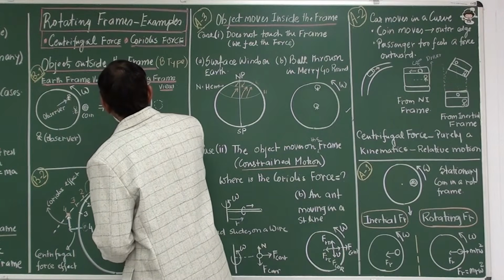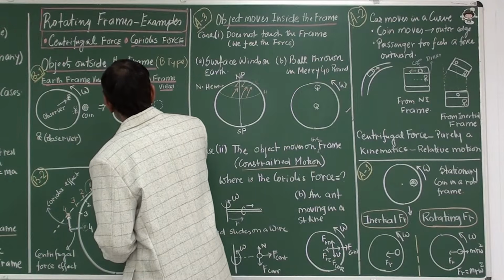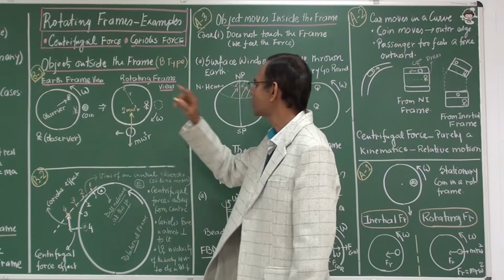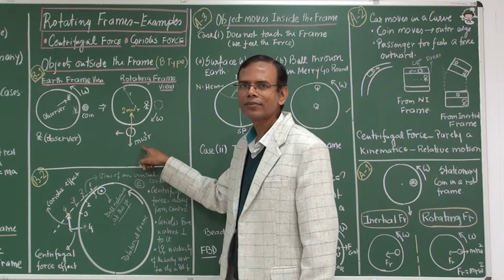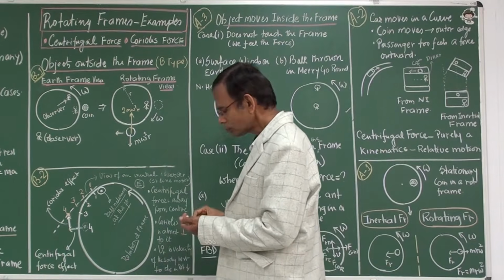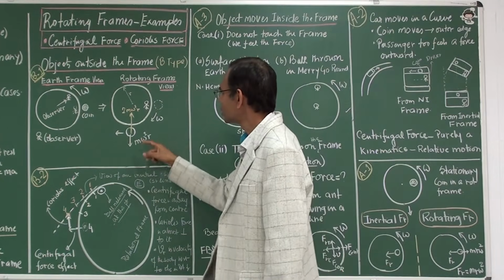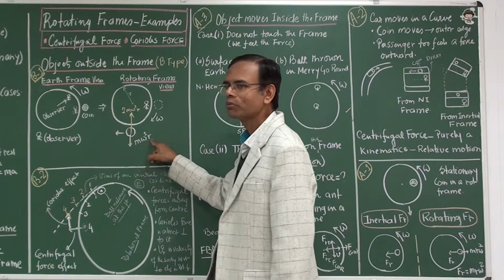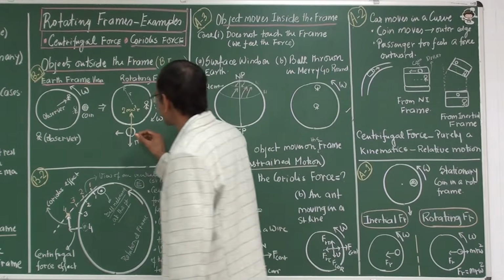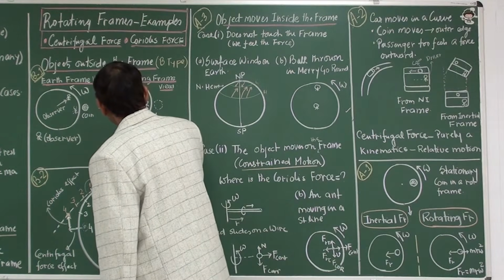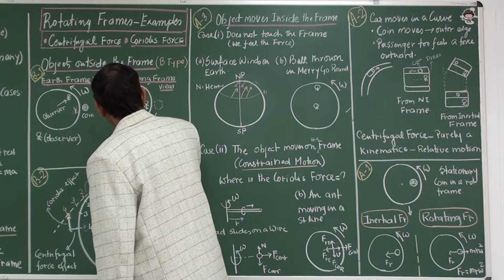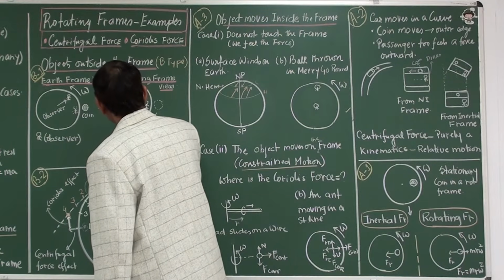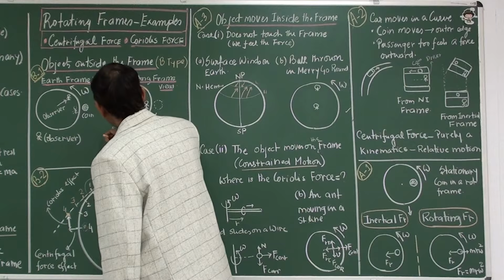This is your Coriolis force and this is your centrifugal force. So now the resultant force will be 2m omega square r minus m omega square r towards the center. So my net resultant force will be of magnitude m omega square r.